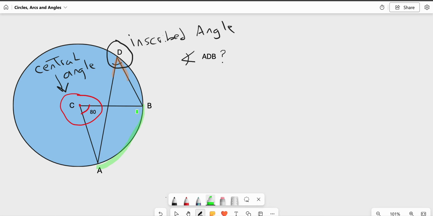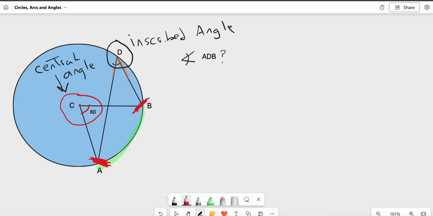The central angle is intercepting this arc, and the inscribed angle is also intercepting the same arc, which is this green arc. And we know how much is the central angle. The measure of the central angle is 80.